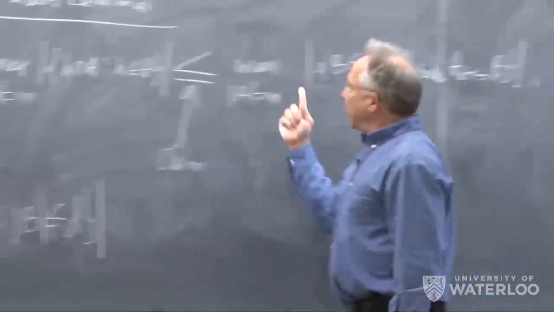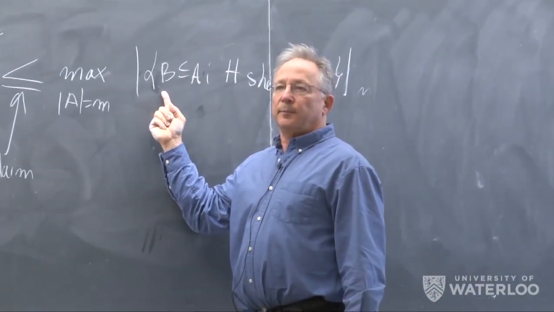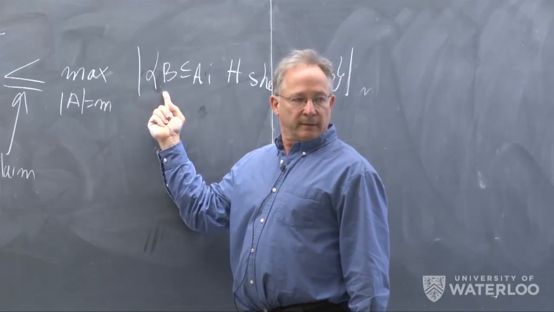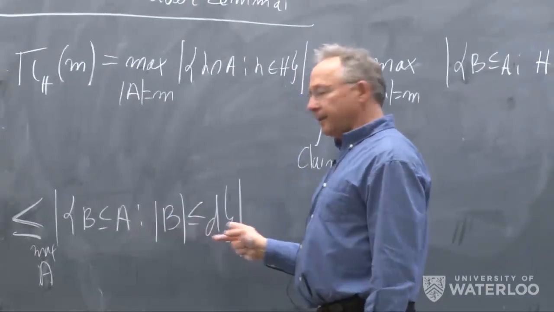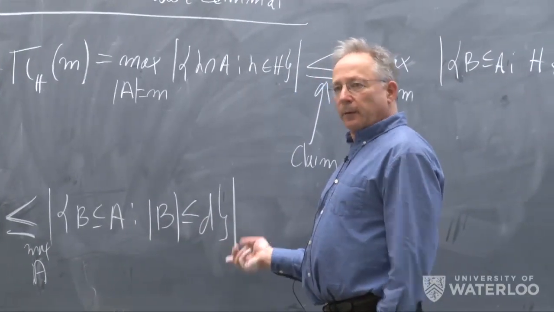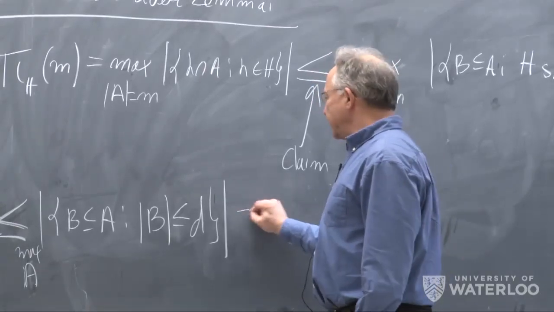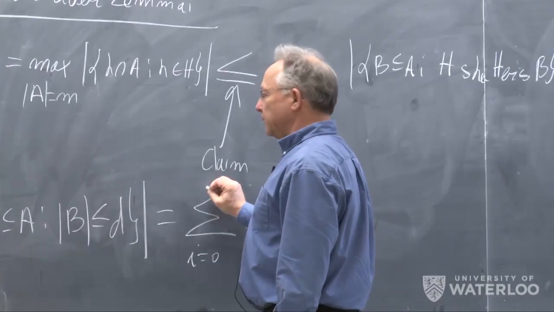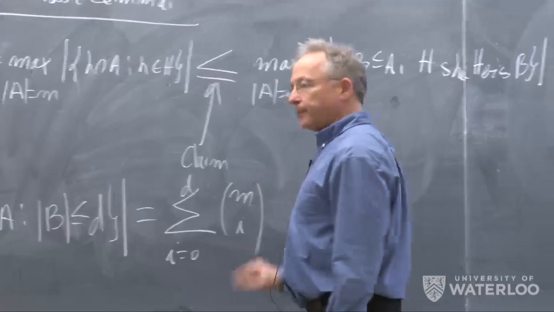If I shatter a B, since my VC dimension is d, B cannot have size bigger than d. So this is just the number of subsets of size at most d. But what is the number of subsets of size at most d? This is exactly the sum over i from 0 to d of m choose i.